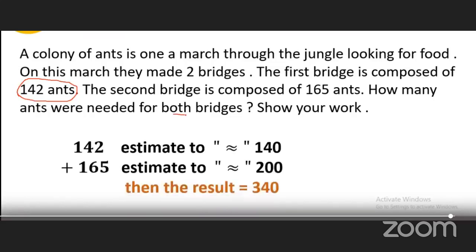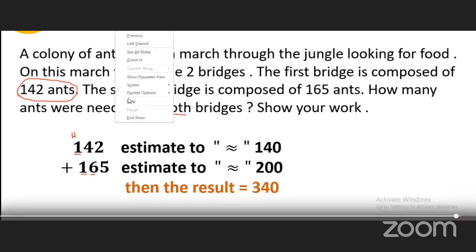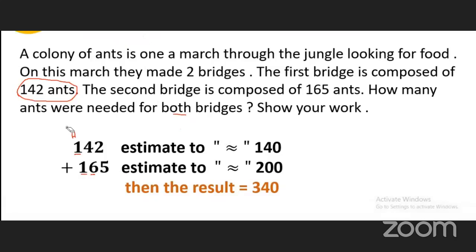So here, 142 estimates to what? Related to the largest place value. The largest place value is 100. And it will be 140. Okay, then here, 165, it will be 200. Why? Because each number, 6 added to 1, and it will be 200. Okay, guys?